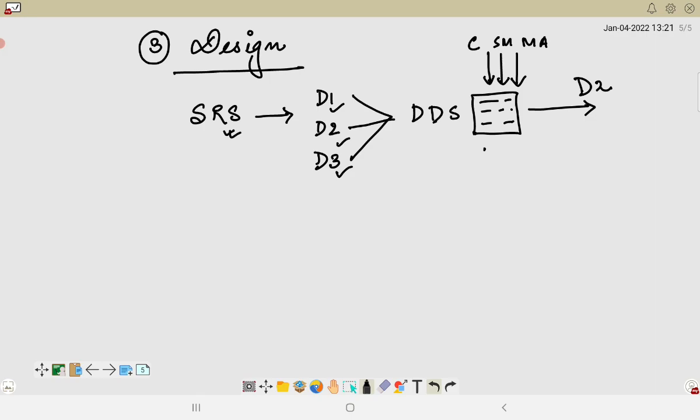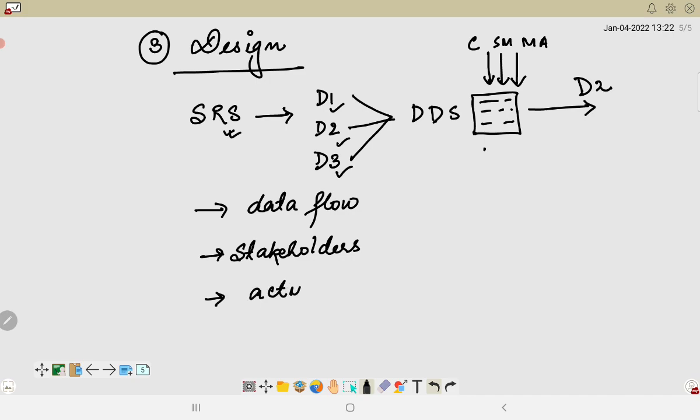These designs have a very clear layout in terms of data flow, how the data is going from one module to another, who the stakeholders are, what activities they are capable of doing, and what the different sequences are in which the work is taking place within that particular software. Everything, much more than only these 4 points, which is related to these services, is considered.